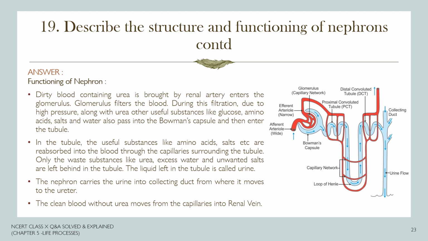Now this fluid which is left behind in the tubule after the reabsorption is known as the urine. Now, the nephron carries the urine into the collecting duct from where it moves to the ureter. And the clean blood without urea moves from the capillaries into the renal vein.